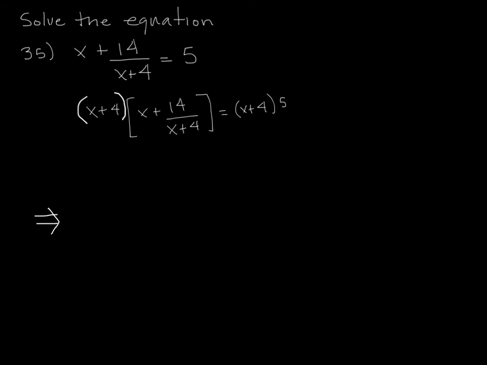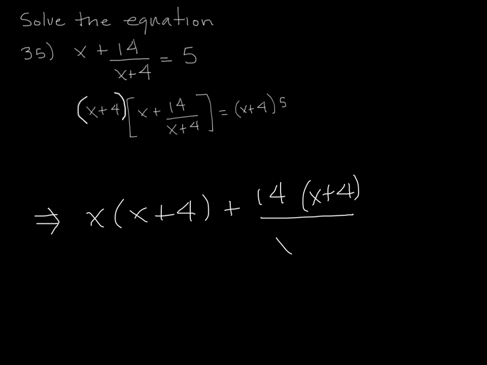All right, and now we're ready to multiply this out. So the left-hand side will be x times x plus 4 plus 14 times x plus 4 over x plus 4, which will cancel nicely, which was why I multiplied both sides by x plus 4.